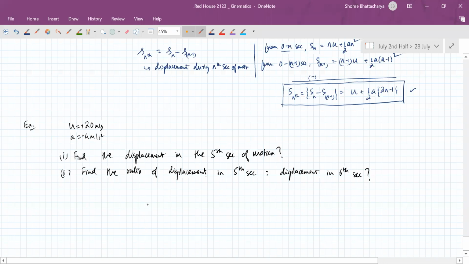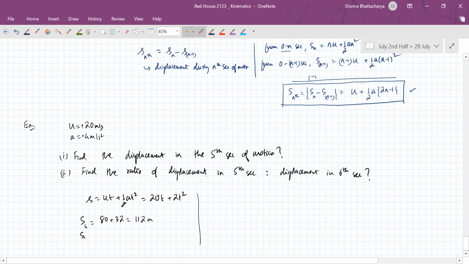So instead of using the whole thing, you know that S is equal to ut plus half at square. So in this case it is 20t plus 2t square. So displacement after 4 seconds is 80 plus 32, so it's 112.